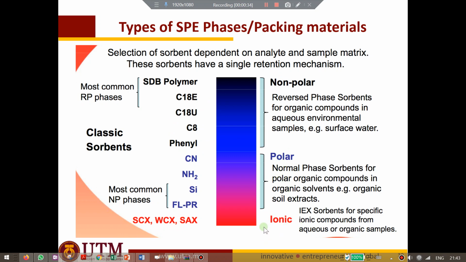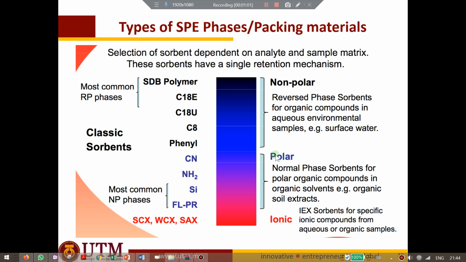As I mentioned here, non-polar sorbent is a reverse phase sorbent for organic compounds in aqueous environmental samples, for example surface water. Why do we want to extract the non-polar compounds? Because we want to remove the polar matrix, which is our water or other impurities, which are polar.